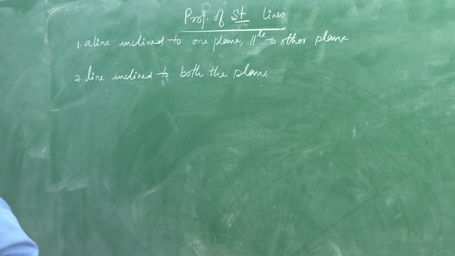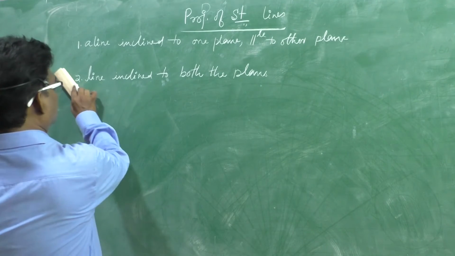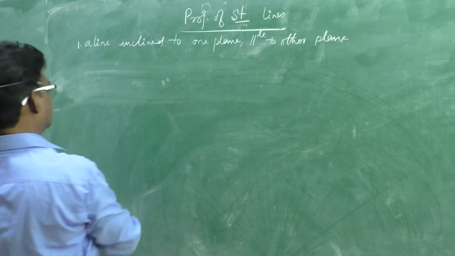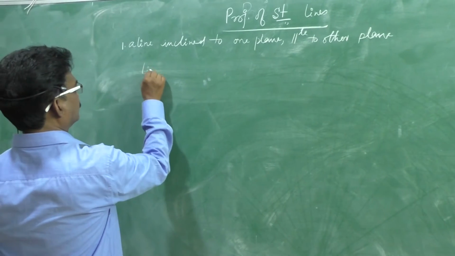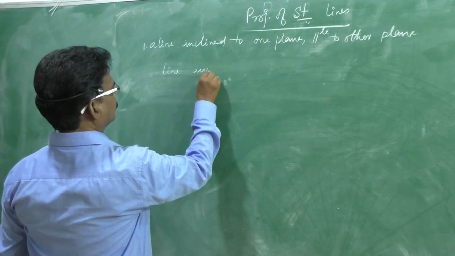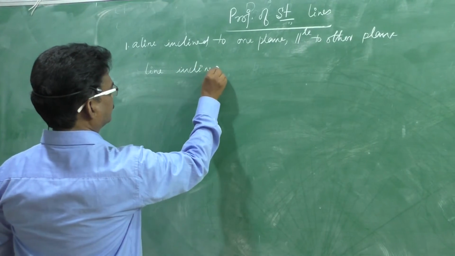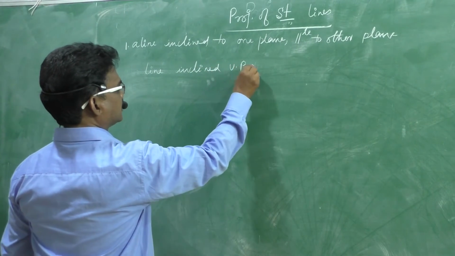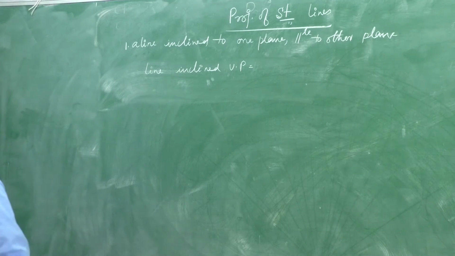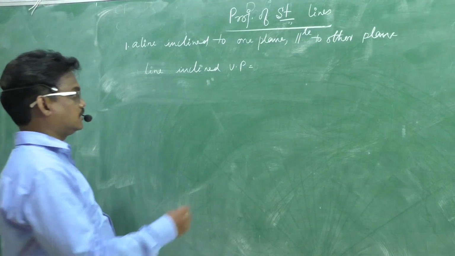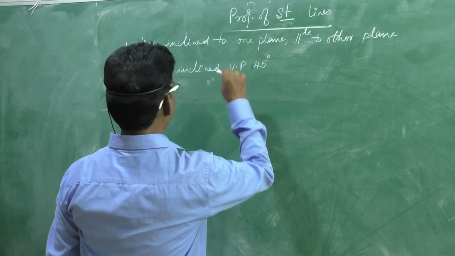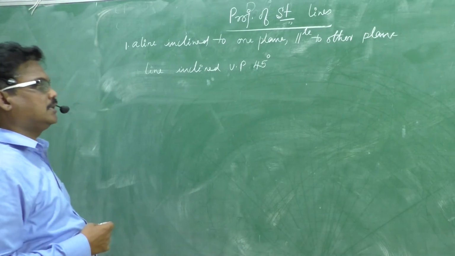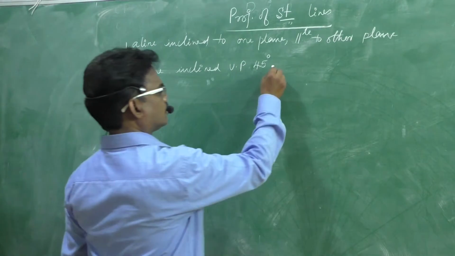Now see, the line is inclined to VP. How much angle is given? That is 45 degrees, inclined to VP. Next one, it is parallel to HP.